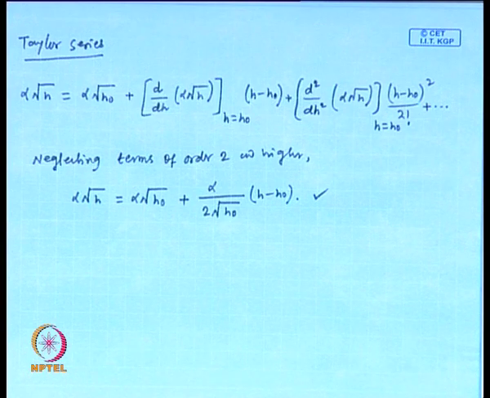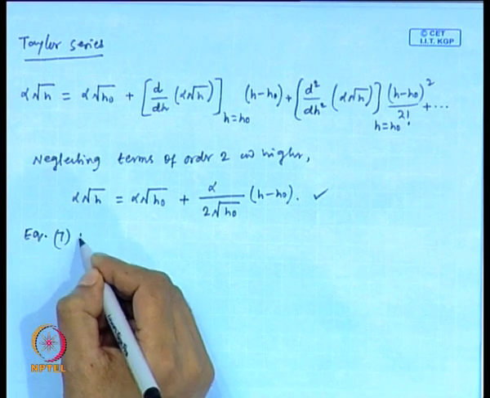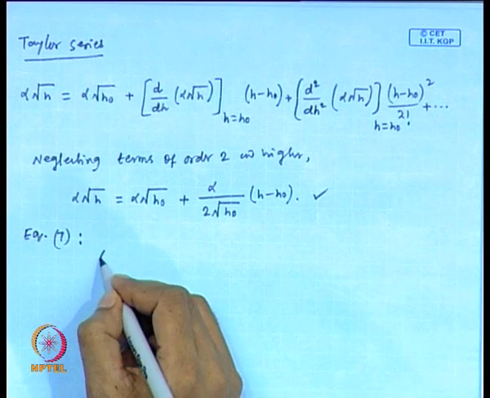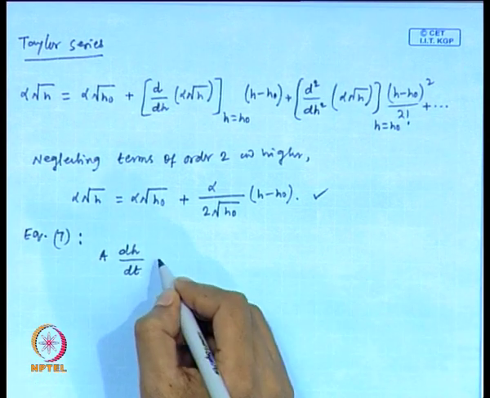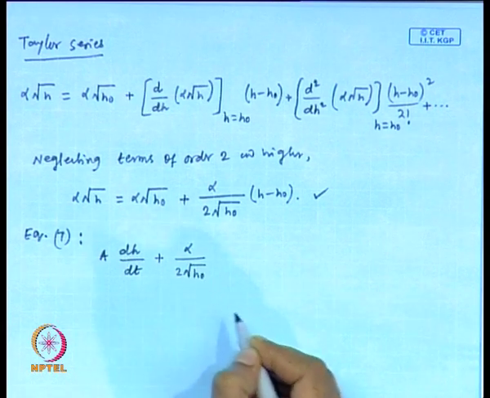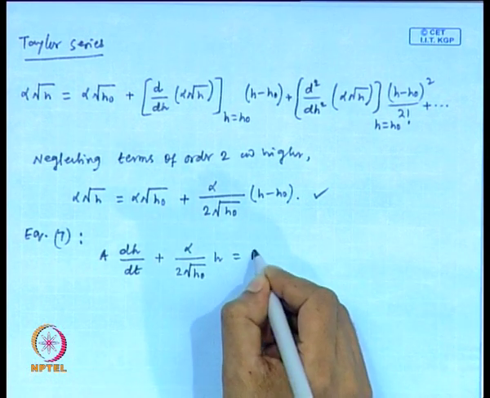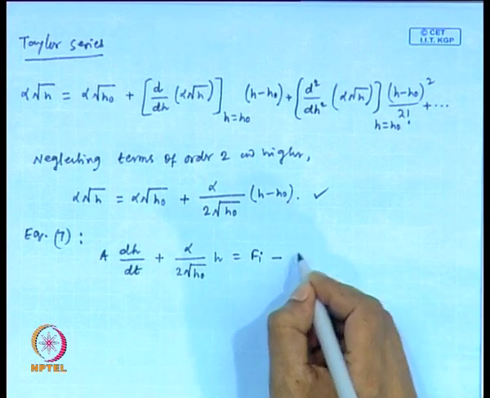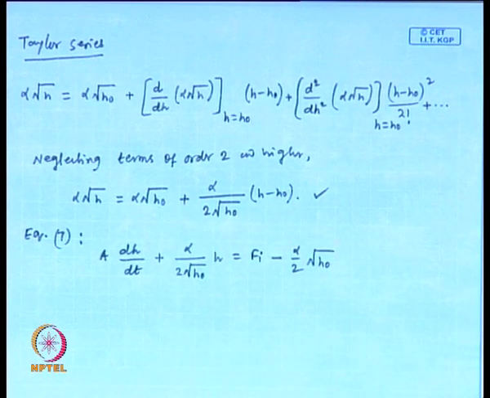Now, we will substitute this alpha root h term in equation 7. If we substitute in equation 7, then we get A dh dt plus alpha divided by 2 root h naught multiplied by h equals F i minus alpha by 2 root h naught.